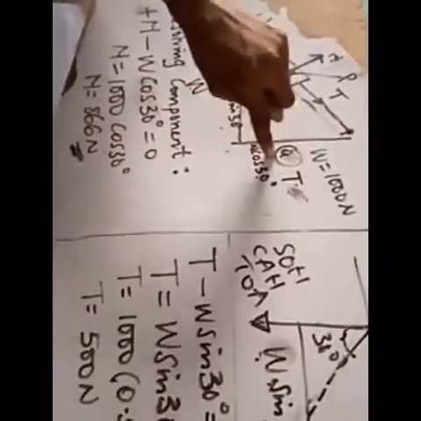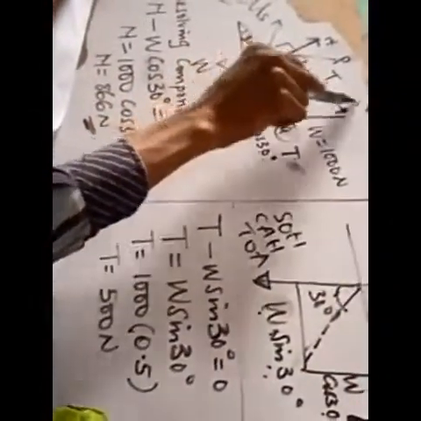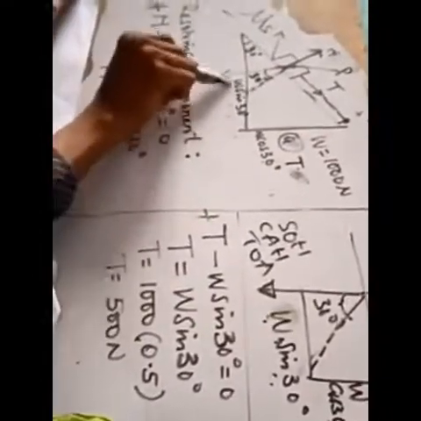So for my tension now, I resolve the components in the x-axis. My tension T is in the positive x direction, and W sine 30 is negative.